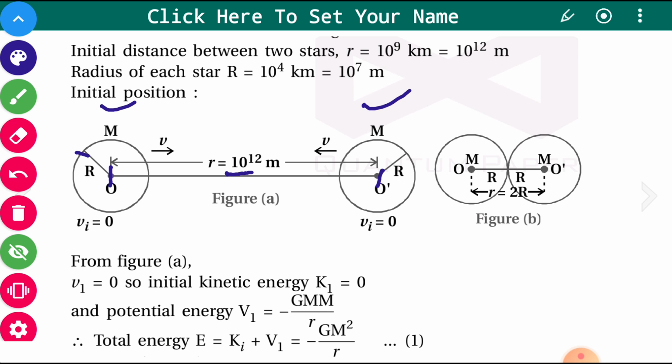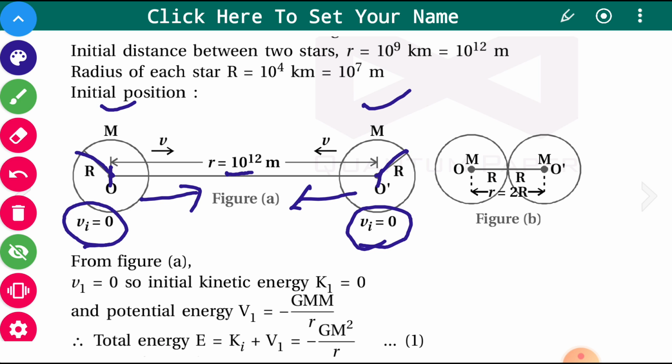The radius of these stars is also the same, that is r. Initial velocity of both the stars is 0 and they start approaching each other. This is the final condition when they collide, so the distance between their centers will be 2r, 2 times the radius.